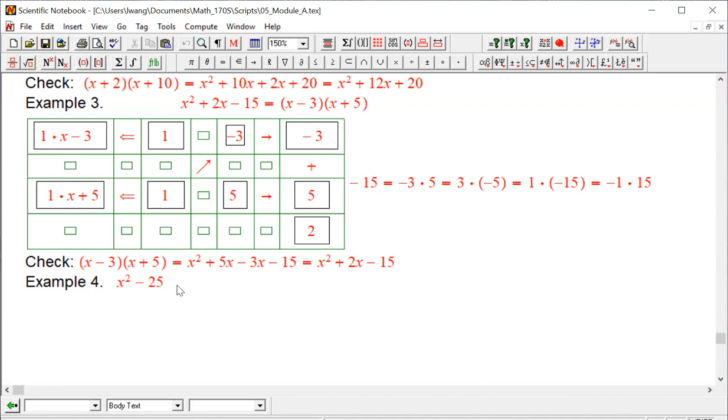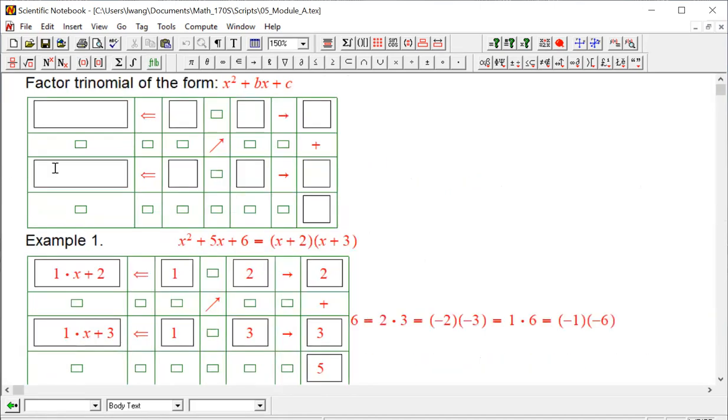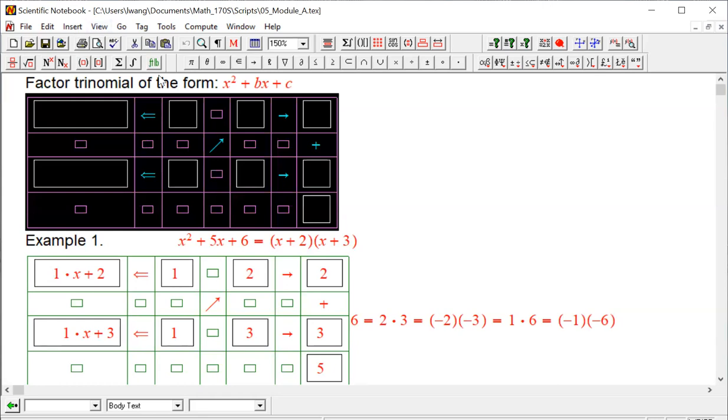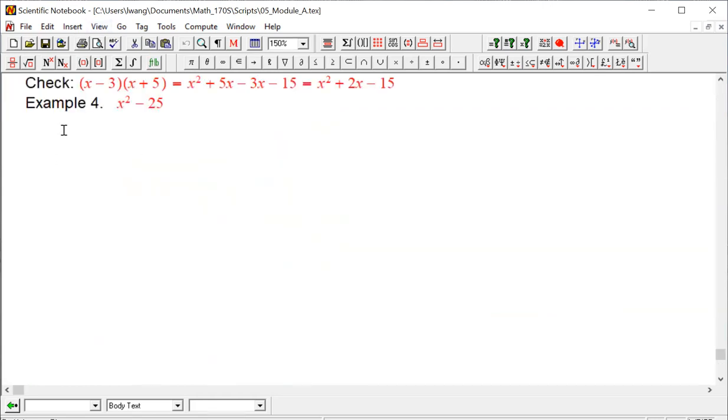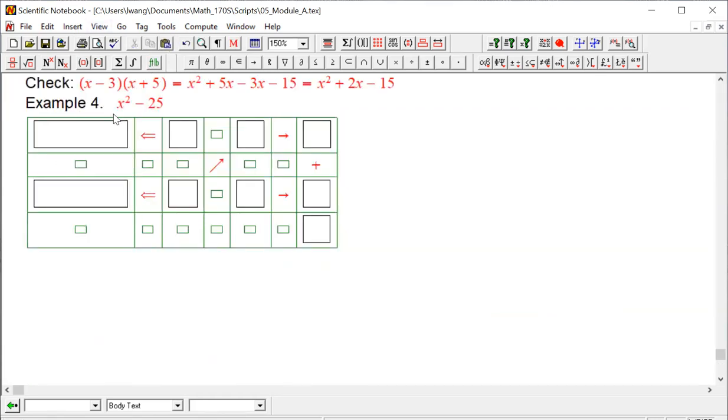If you're not sure about the special formula, you can still use this setup to factor this. But what number to match? You see, we don't have an x term, right? So we can regard this as 0 times x.